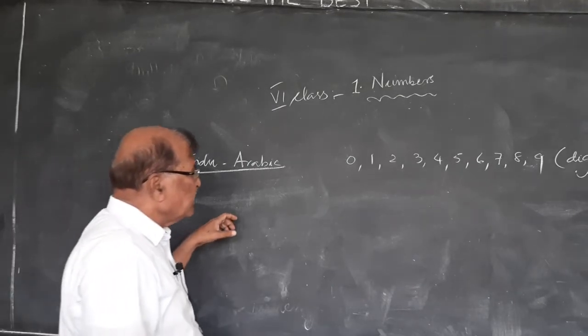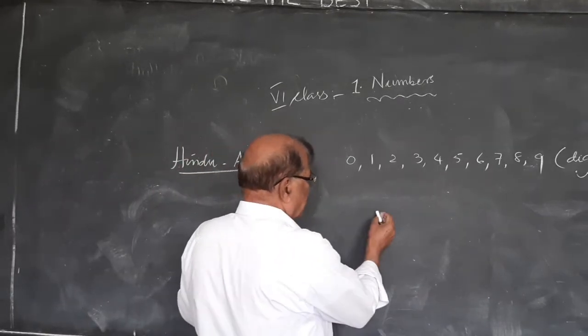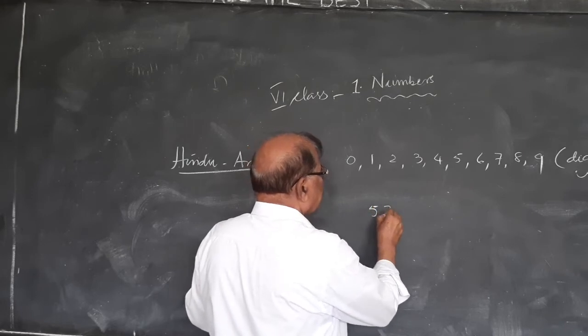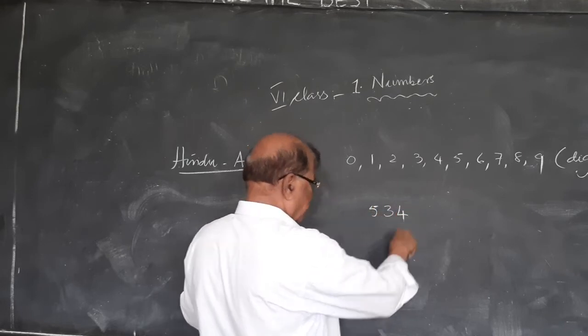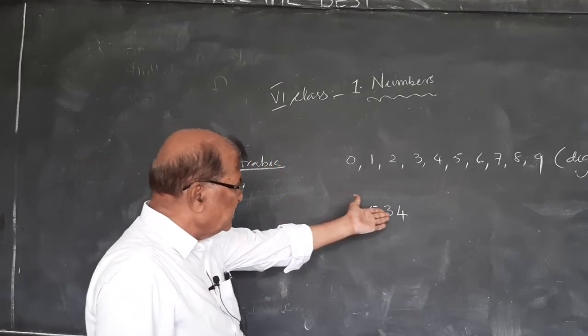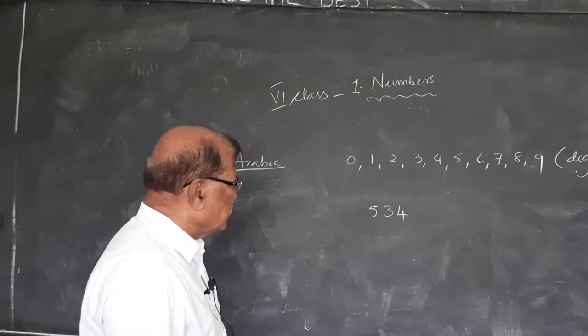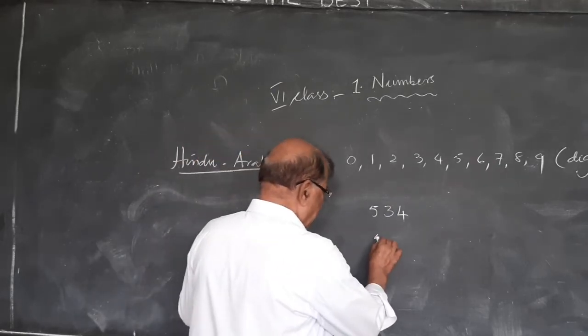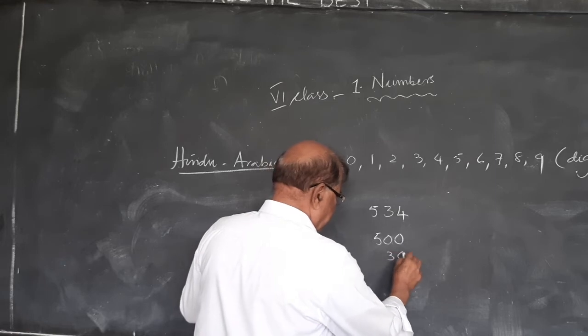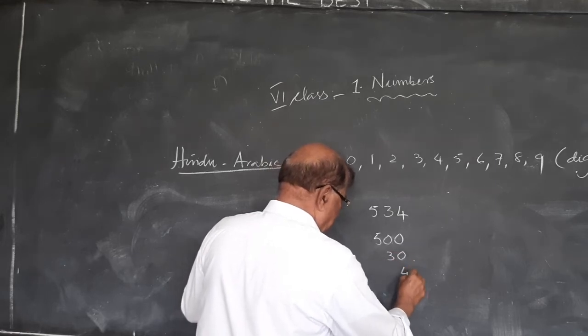For example, 534. What is the mechanism inside 534? Here we have 5 hundreds, 3 tens, 4 ones.